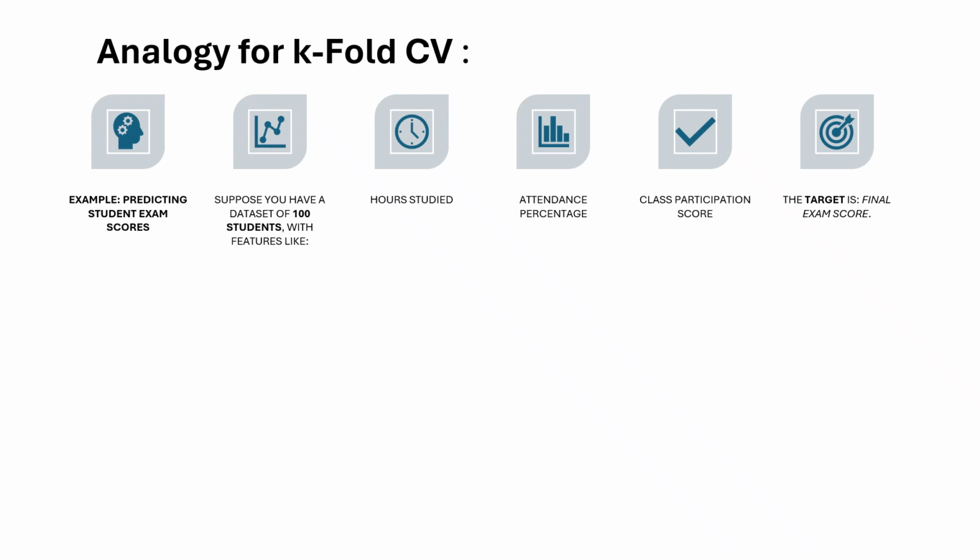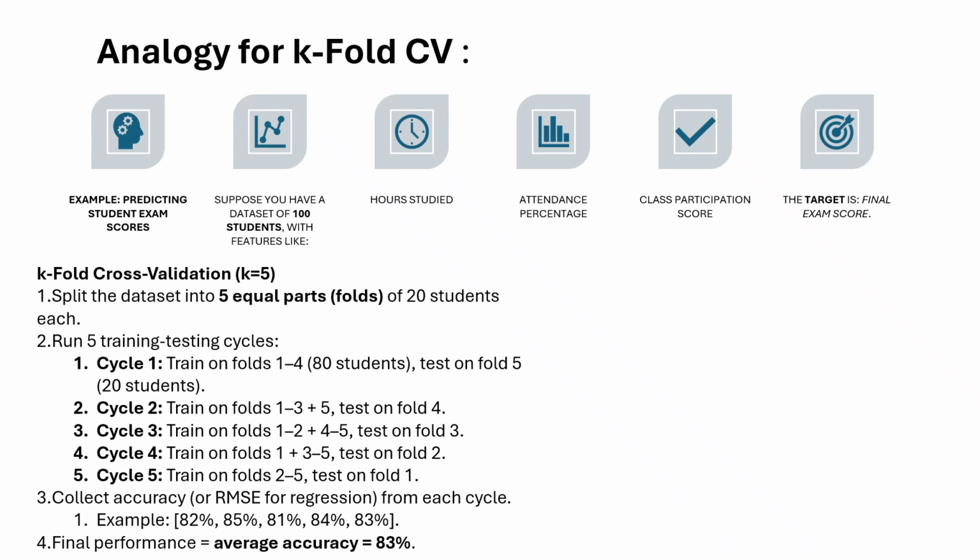Suppose we have 100 students and we divide them into 5 equal groups of 20 each. In cycle 1, we train on 80 students and test on 20. In cycle 2, we train on another 80 and test on the next 20. We continue this until every student has been part of the test set once.